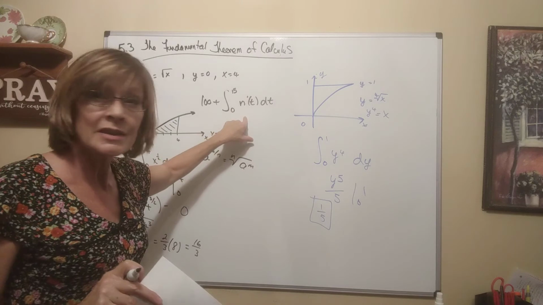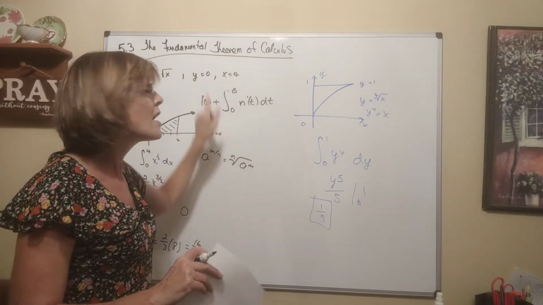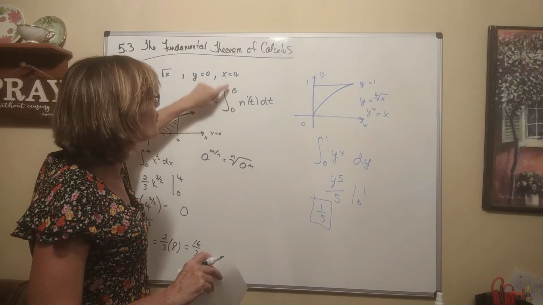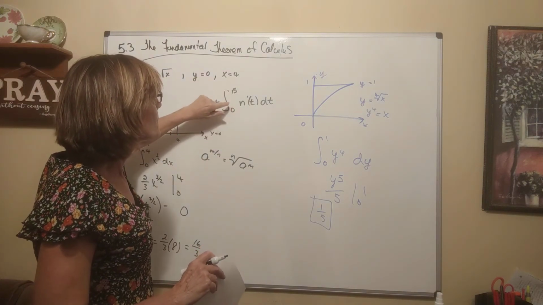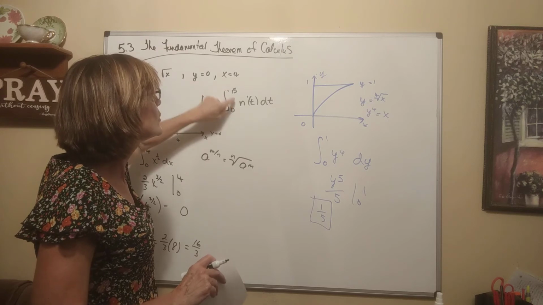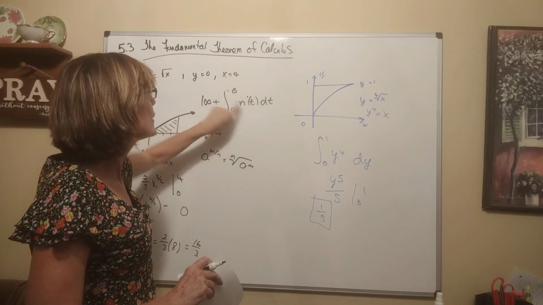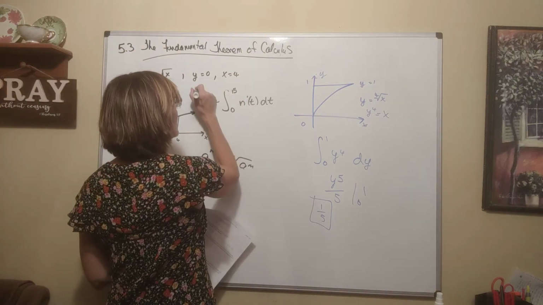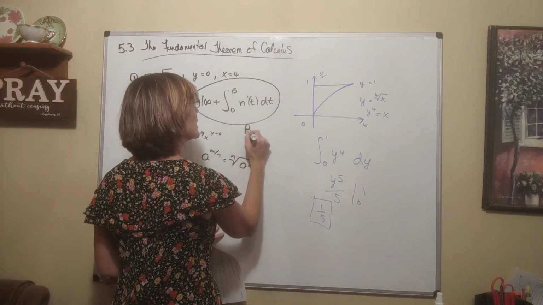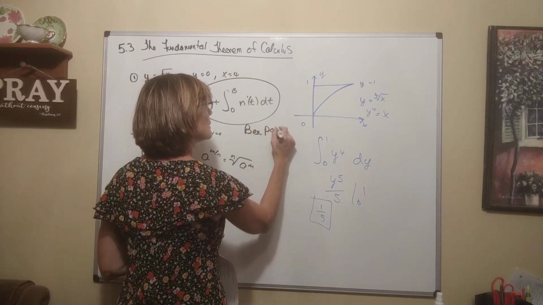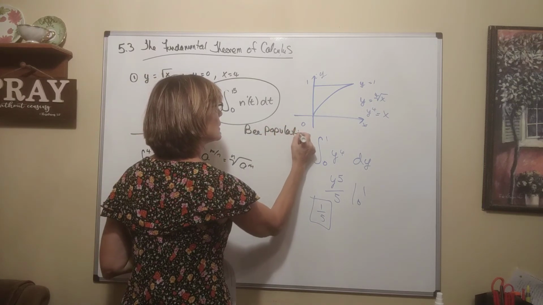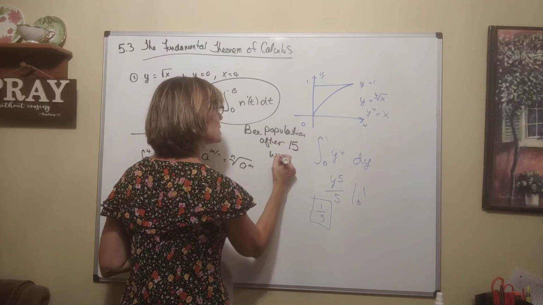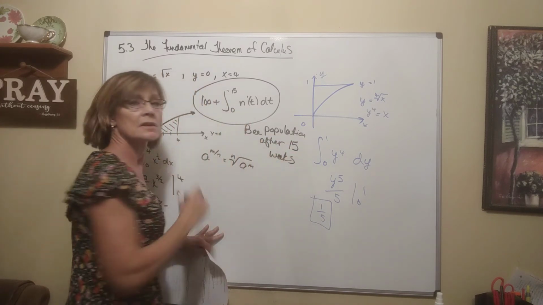The antiderivative is not a rate, it's just an amount, right? So this, between 0 and 15, is the amount that the population grew in the first 15 weeks, and we add the initial 100. So this right here represents the bee population after 15 weeks. That's what that represents right there.